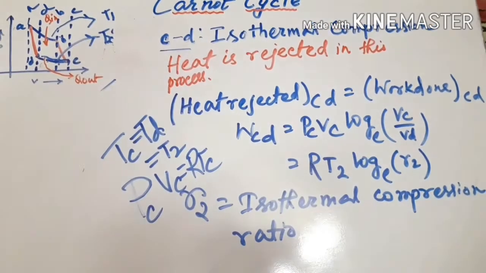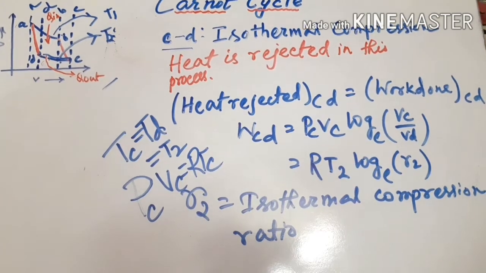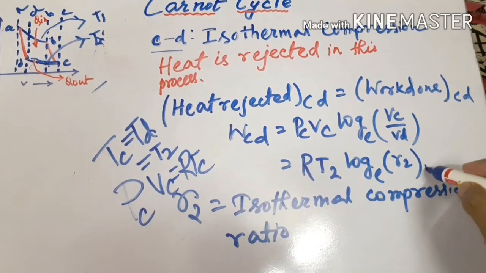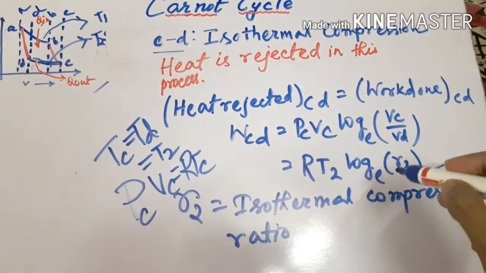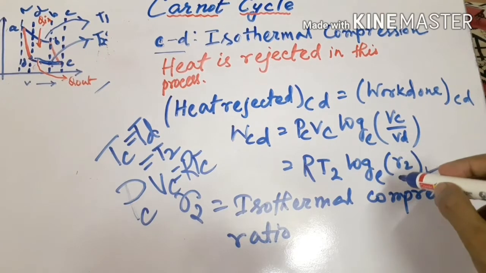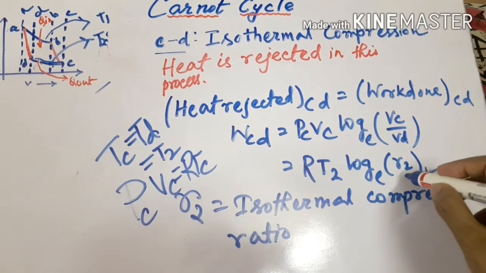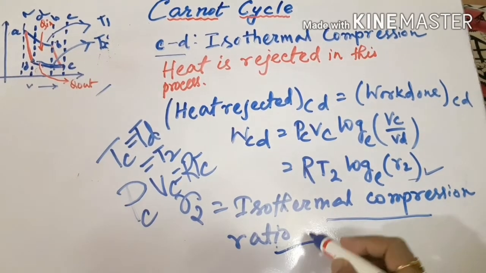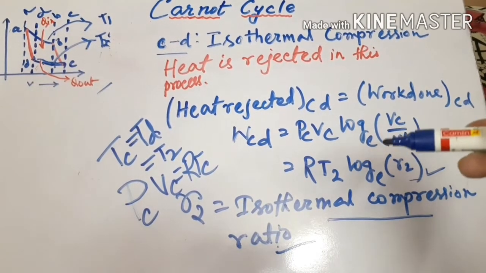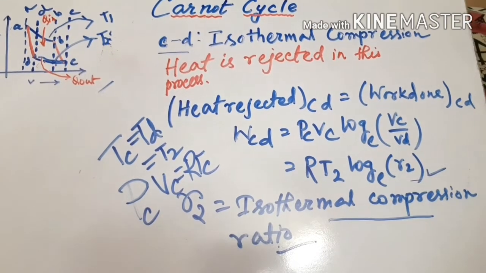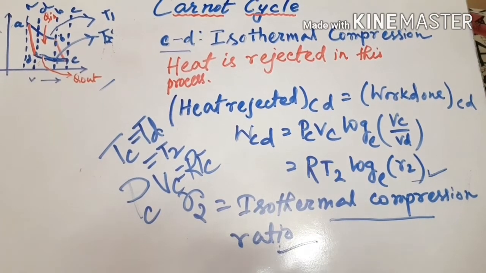TC is equal to TD is equal to T2, that is the lower temperature. So in this way you can find the work done, that is RT2 log of e Vc by Vd, and that ratio can be represented by R2. R2 is nothing but the isothermal compression ratio. As the volume is being decreased, that is why we are taking Vc by Vd, that is the compression ratio.